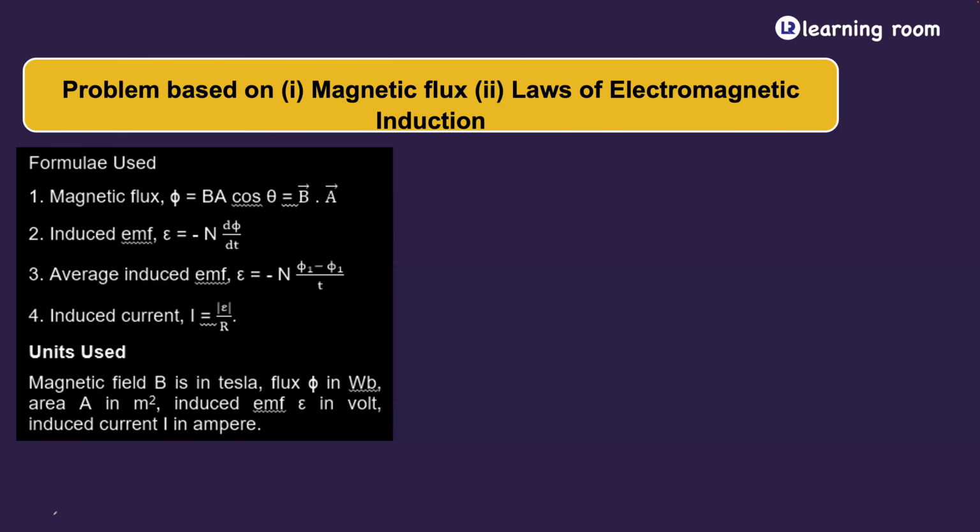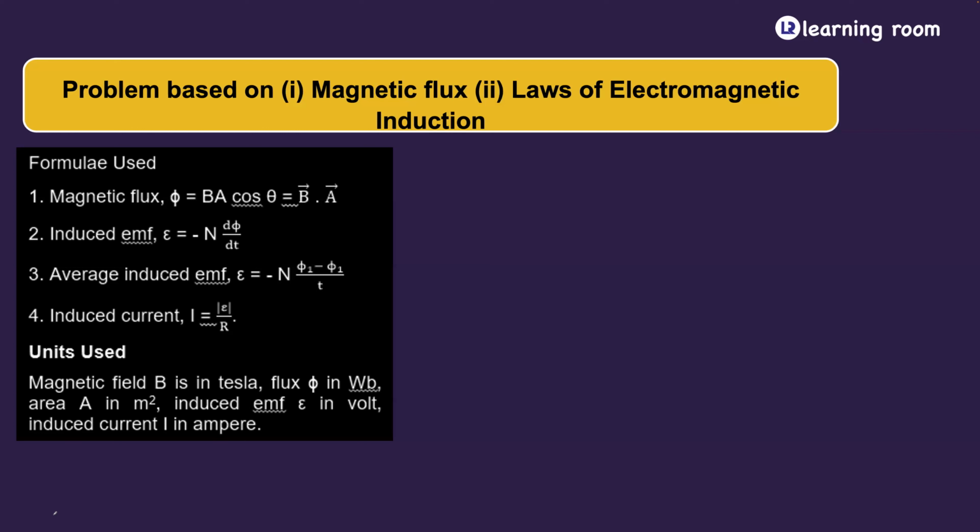When you moved the south pole closer, what happened? A south pole got generated. When you moved the north pole away, a south pole got generated. When you moved the south pole away, a north pole got generated. Meaning, if you were trying to increase the flux by pushing the pole closer to the pickup coil, it was trying to oppose it.